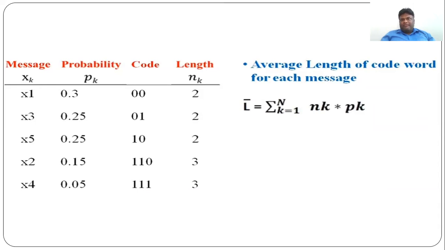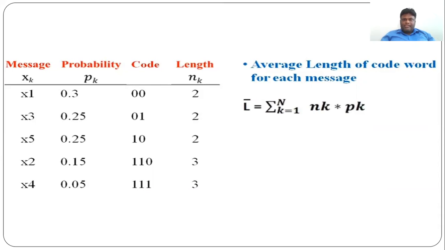So for calculating the efficiency, you need 2 things. One is entropy and the other one is average length of code word for each message. Okay, so that is denoted by L bar. So the formula is summation k is equal to 1 to n nk into pk. So what is nk here? Nk is nothing but the length of your code word. Okay, and what about pk? Pk is nothing but probability.